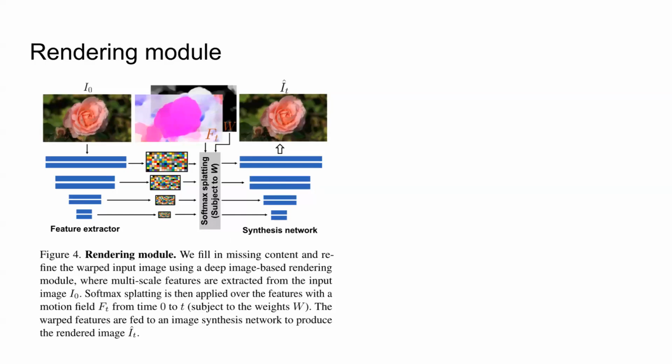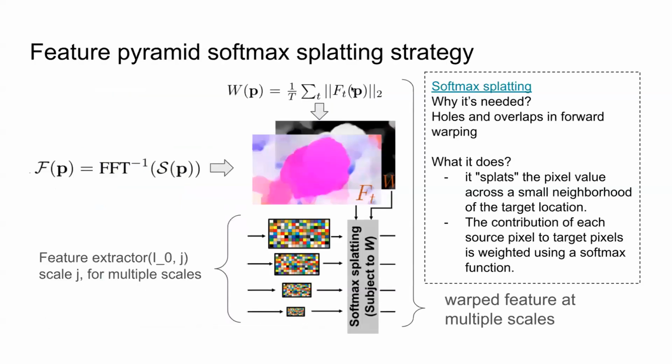So here, this is how the authors did it. What they did is the feature pyramid softmax splatting strategy. It's very lengthy, so let's break it down a little bit. Feature pyramid means that the information generated has multiple scales, that is, multiple resolutions.